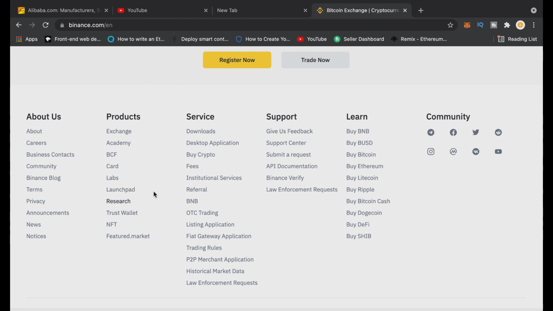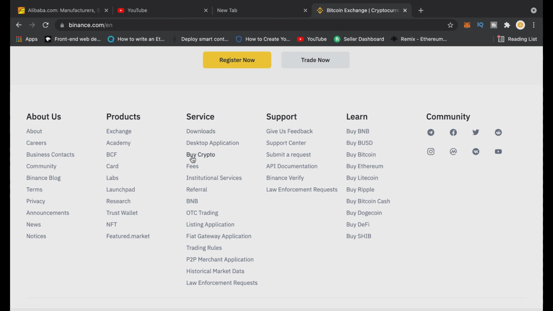And then they have Research, and you can do Trust. If you click on Trust Wallet, it just takes you to Trust Wallet. And then there are non-fungible tokens, NFT, with an NFT market. You have Download; if you click here, you should be able to download your apps and other related software used on the platform.